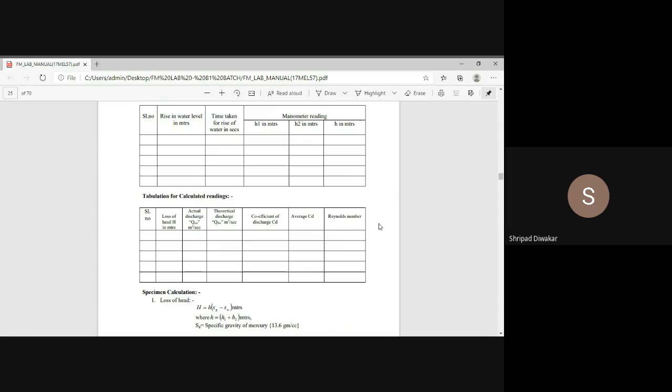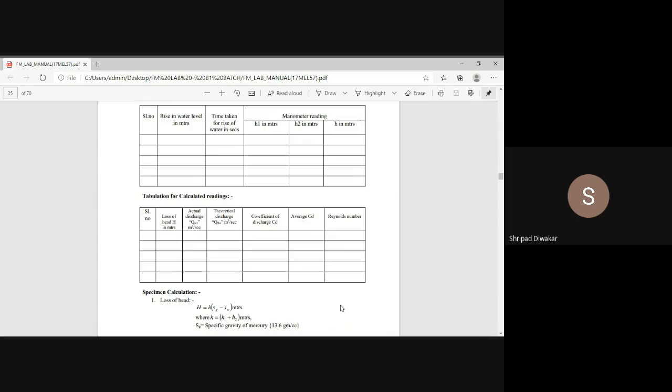Reynolds number is given by rho V D by mu. Reynolds number plays a very important role in laminar and turbulent flow. If Reynolds number is less than 2000, we call it laminar flow. If it is greater than 4000, we call it turbulent flow.